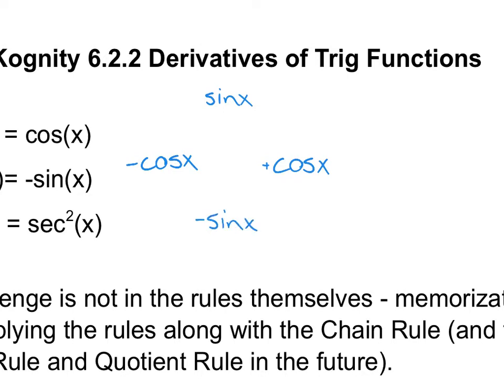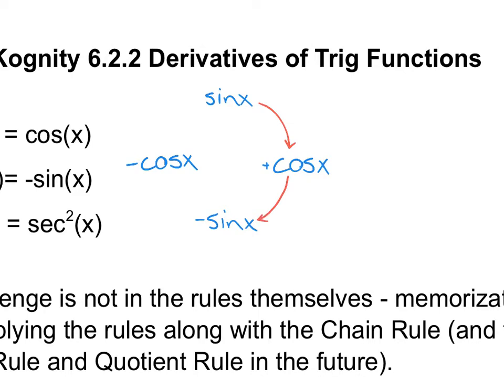Okay? Now, the reason why I do this is going to be really helpful to help you memorize or remember this. If I rotate clockwise, the rule we just saw: the derivative of sine is cosine. What's the derivative of cosine? Negative sine.